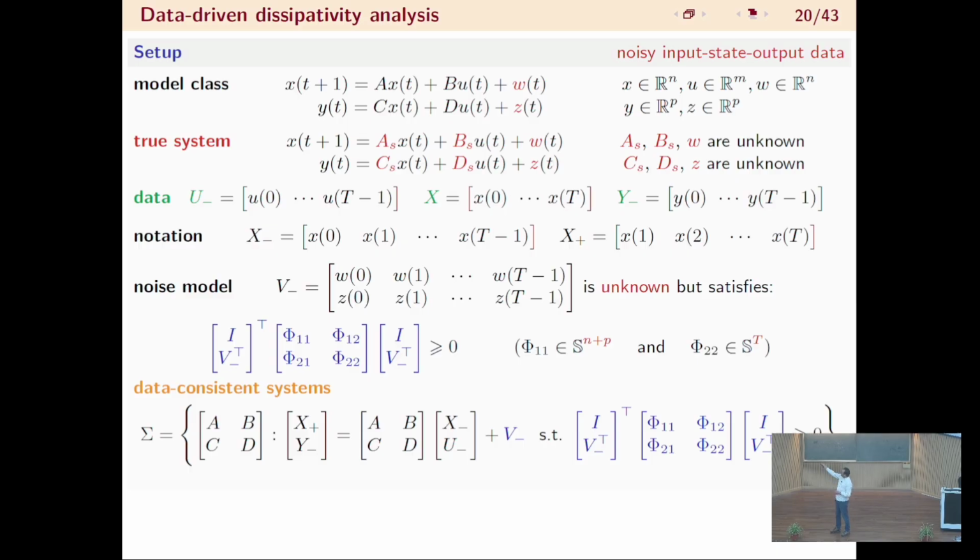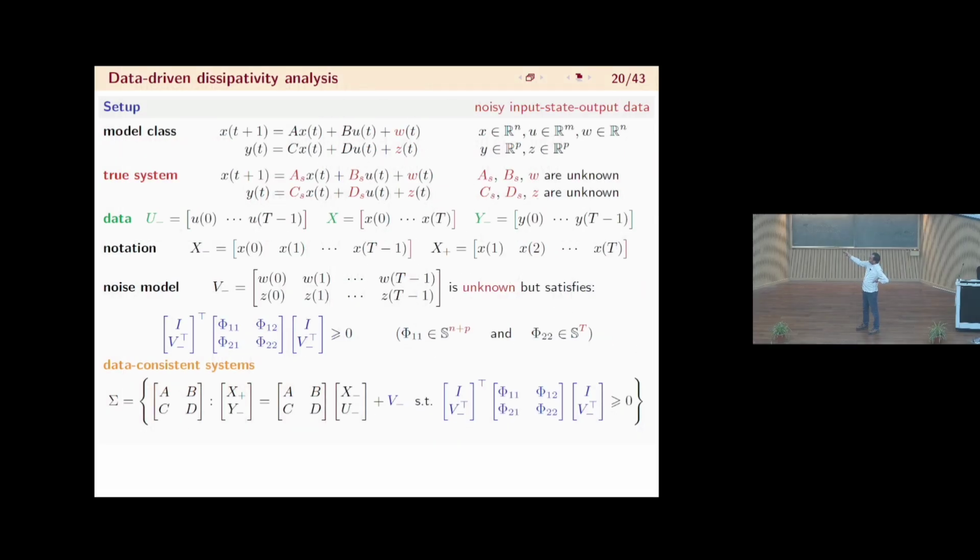So I look at this model class now, where W and Z are both noise terms, and I assume that A_S, B_S, C_S, D_S are unknown, as well as W and Z. In the H infinity control, I assumed C and D to be known. This time, I assume C and D to be unknown. Okay? And I assume that I can collect input, state, output data. So these data are given.